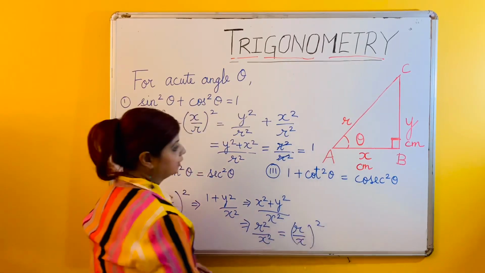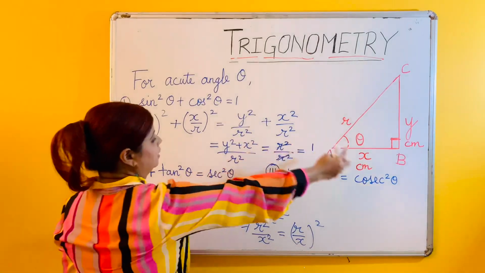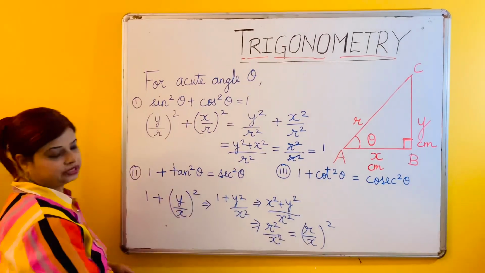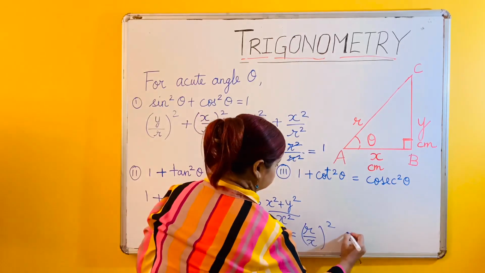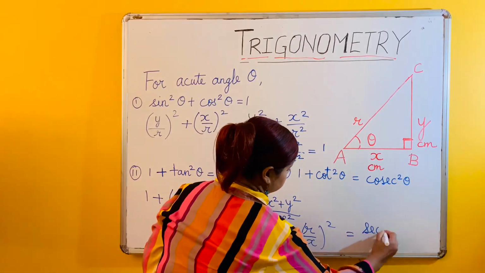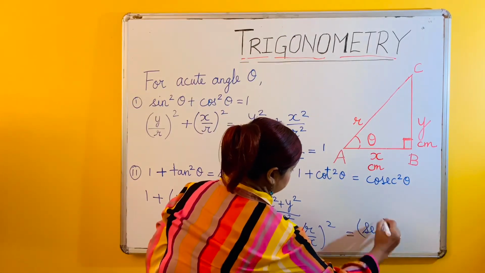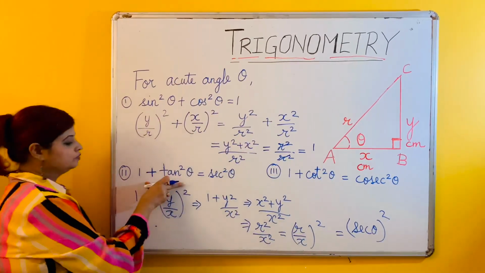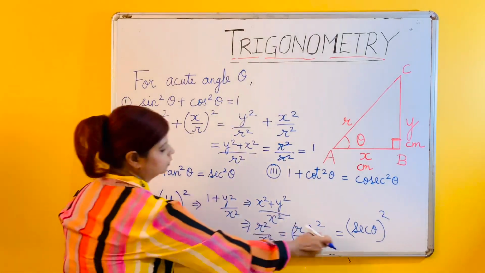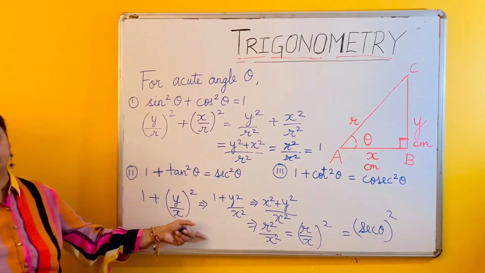What is r by x? R by x is nothing but sec theta. So it is equal to sec square theta. Hence you can prove that 1 plus tan square theta equals sec square theta. This is how you are going to prove it.